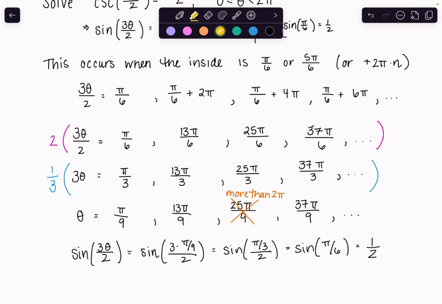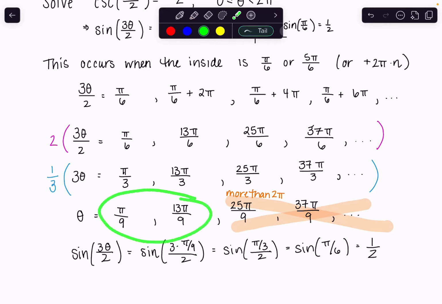So really, immediately what that tells me is then any number after this is going to be no good because they just get bigger and bigger from going more revolutions around the unit circle. So really, I only end up with these 2 solutions for the pi over 6 angle, okay? So that gives me 2 values that work.